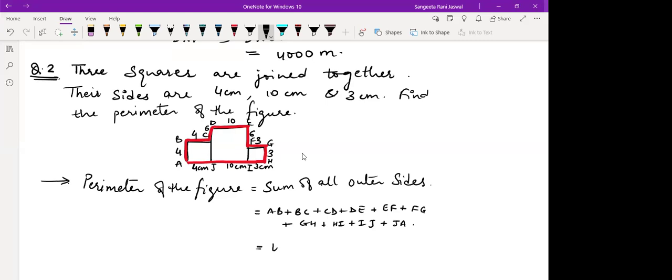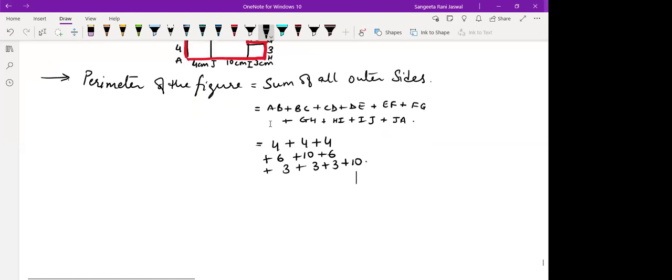Okay, let's take 4 plus 4, 4, 4, so 3 times 4. Then 6, 10, 6. Then 3, 3, 3. Then 10 plus 10. So how much is this?